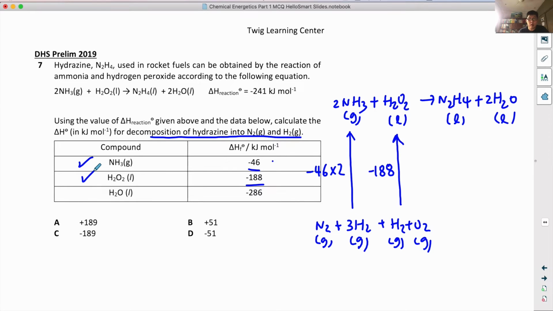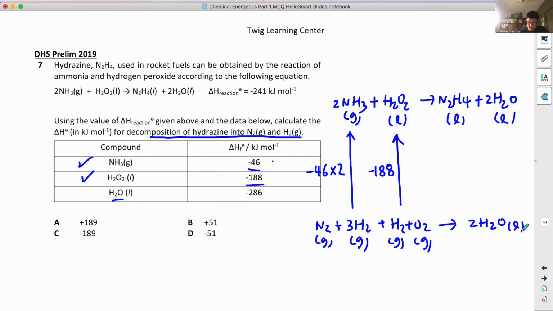How about formation of water? Since I only have 1 oxygen, I think I can only form 2 water molecules, liquid. I'm going to copy whatever I didn't use. To form 2 water molecules, I need 2 H2 and 1 O2.